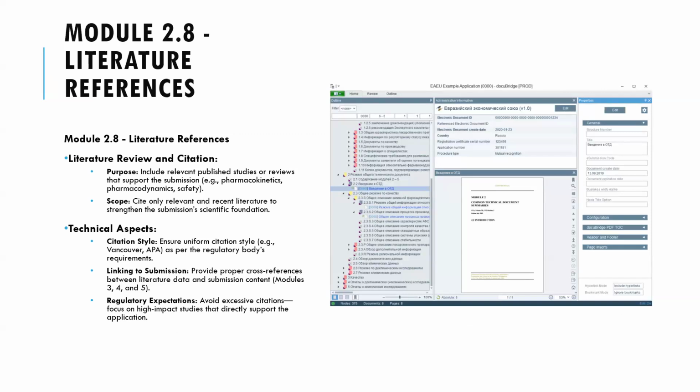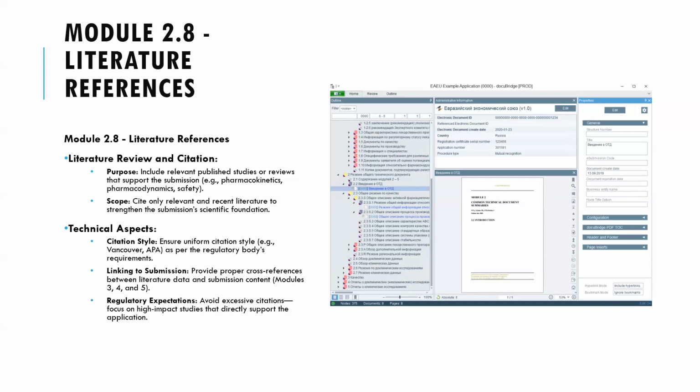You can cite only relevant and recent literature to strengthen the submission's scientific foundation. If your submission is not based on any scientific foundation, then the review gets more extensive and the approval gets delayed. So to make sure that your submission has a scientific foundation, you should submit literature references.